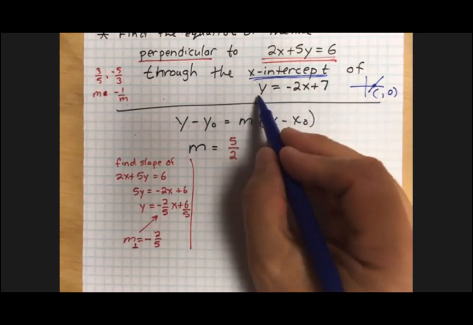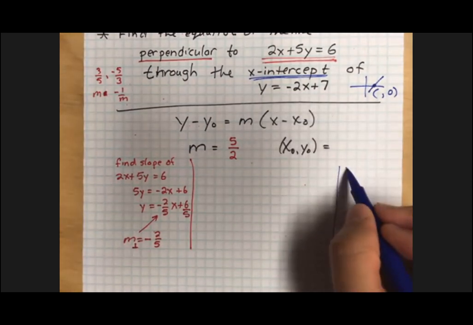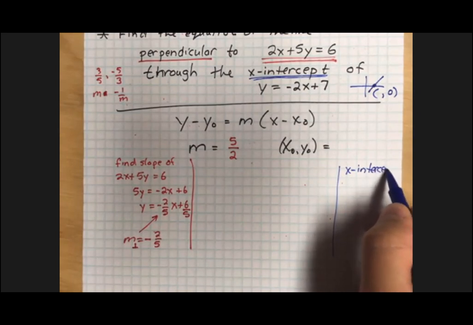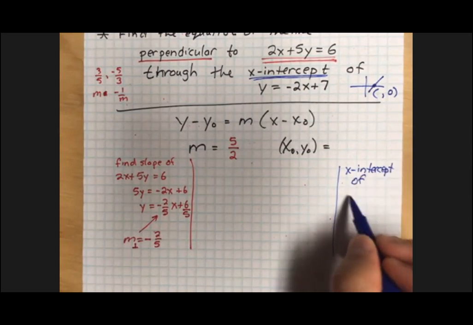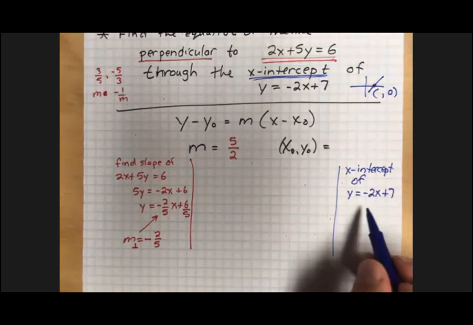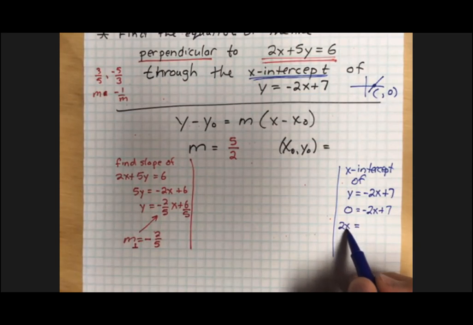So can I find the x-intercept of this line? What is the x-intercept of y equals minus 2x plus 7? I set y equal to 0, and now I solve for x. 2x is equal to 7.